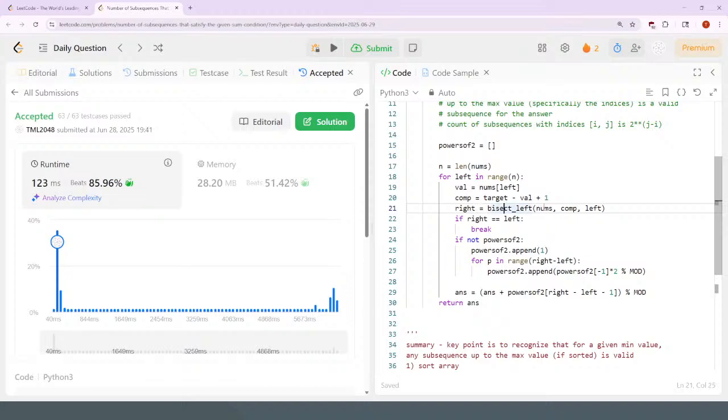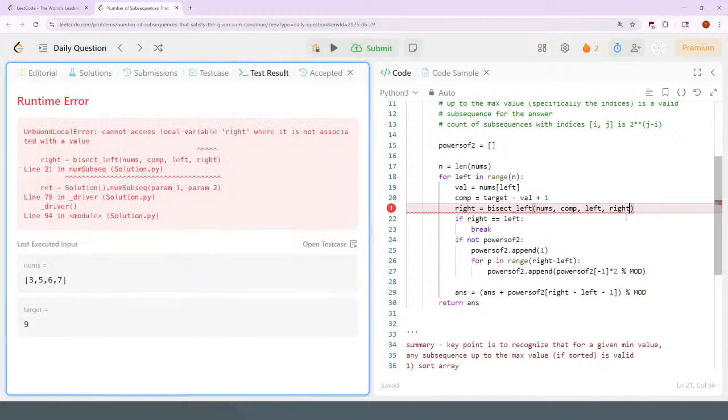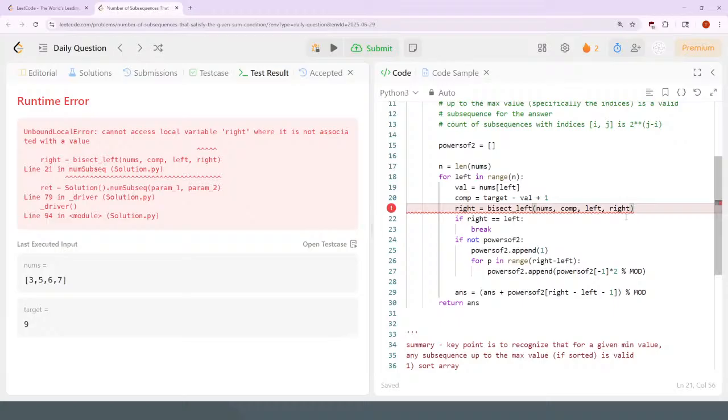Technically the right calculation here is log n, but it's faster this way than bisect left nums of comp left. I think this should be left comma right actually. Maybe that actually speeds it up, because the bounds of the search should be smaller each time.